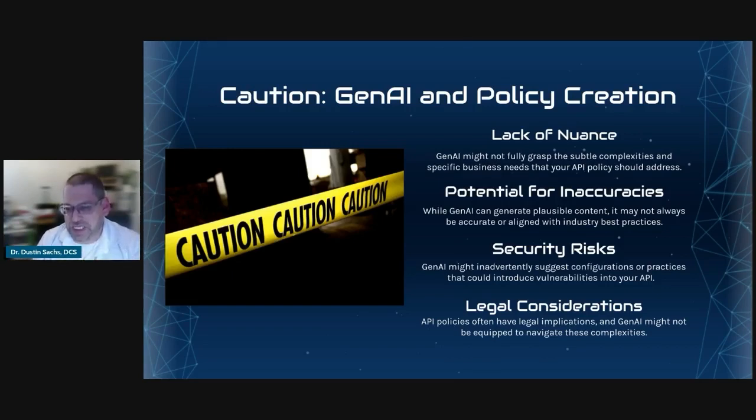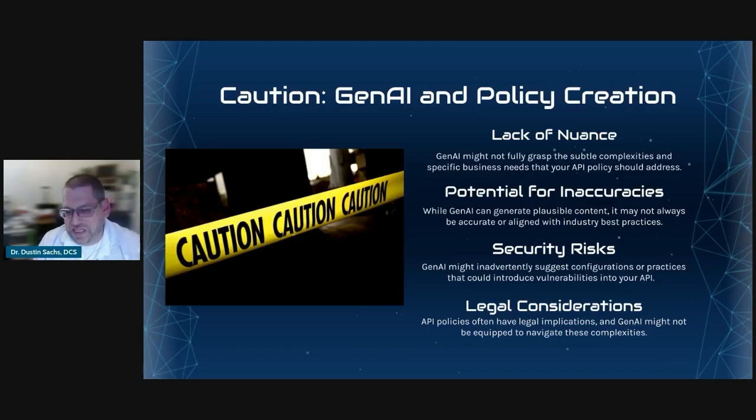The other thing is, not everything that is recommended is a best practice. Gen AI might suggest a configuration or a practice that is either outdated or that could introduce some level of vulnerability into your API.